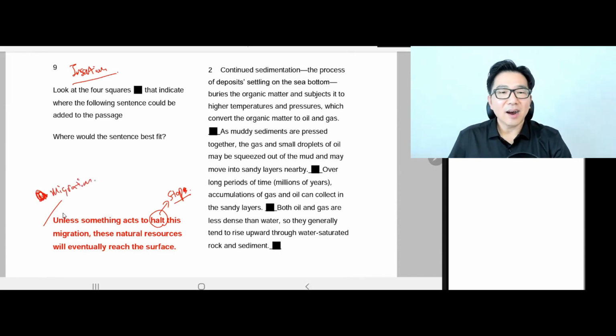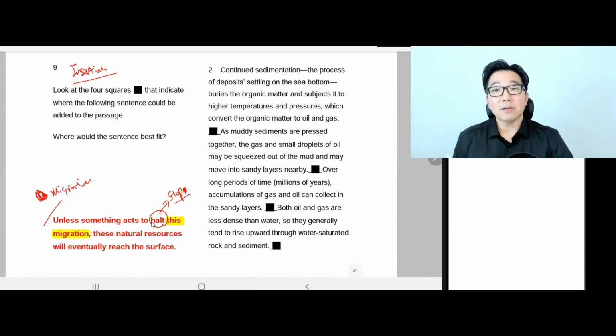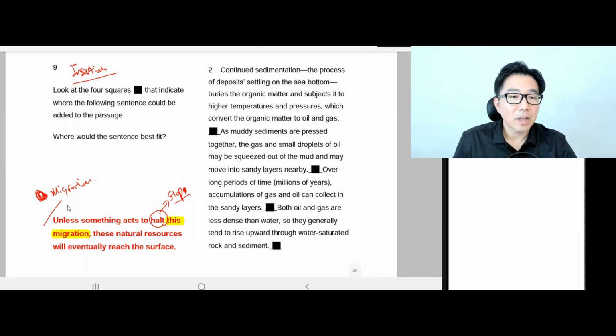Because it says, unless something acts to halt this migration, the migration that I already talked about in the previous sentence. So that's one hint.